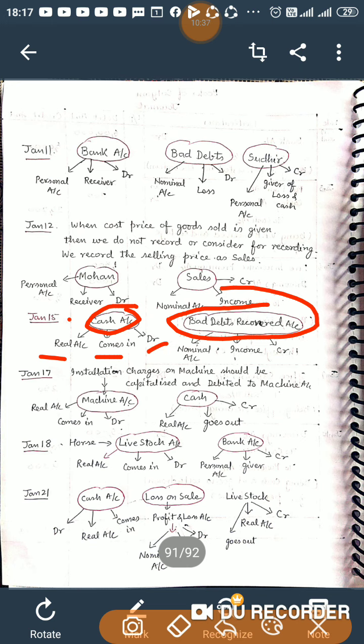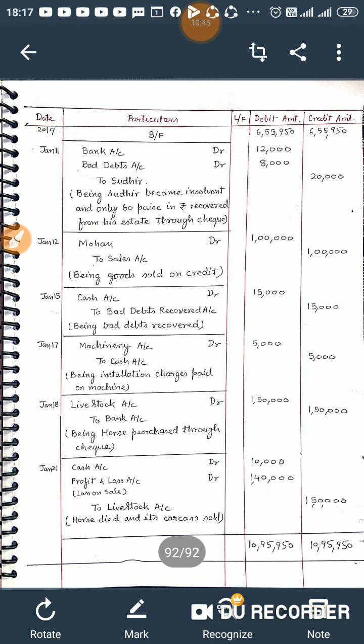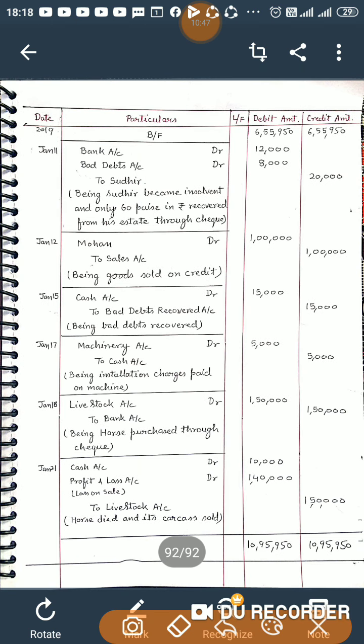Bad debt recovered account is a nominal account, it's an income for the business right now, and it should be credited. So the journal entry: first write the date, cash account debit, and bad debt recovered account credited with 15,000, being bad debt recovered.